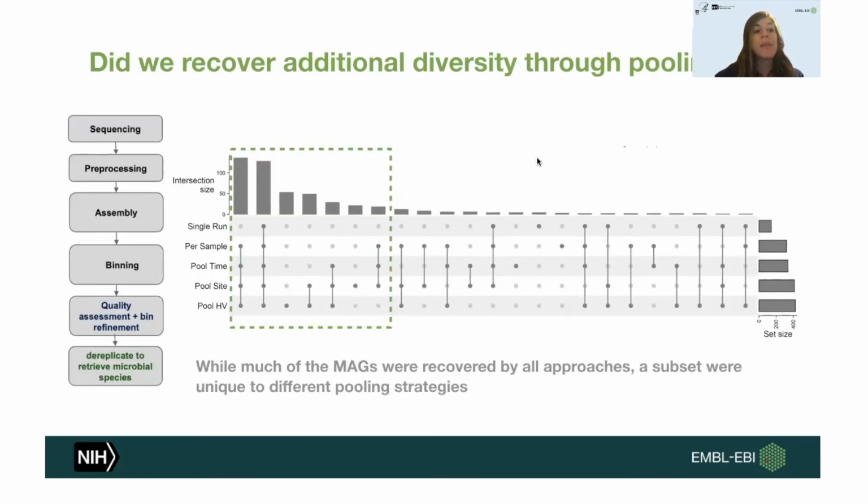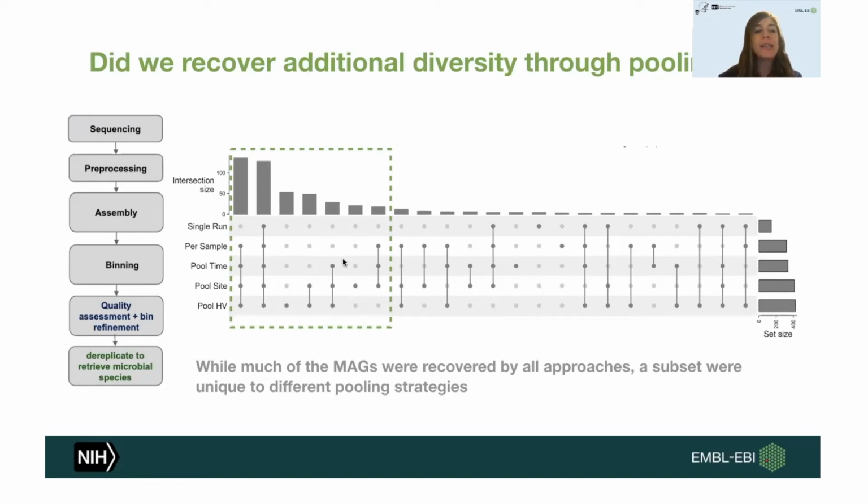So we found that our pooling strategies allow us to generate high quality MAGs in terms of both the CheckM completeness and also after quality assessment with isolates. But do they allow us to capture additional diversity? So I took the roughly 10,000 MAGs that we had generated and dereplicated them, which is again clustering them based on genetic identity into species level clusters.